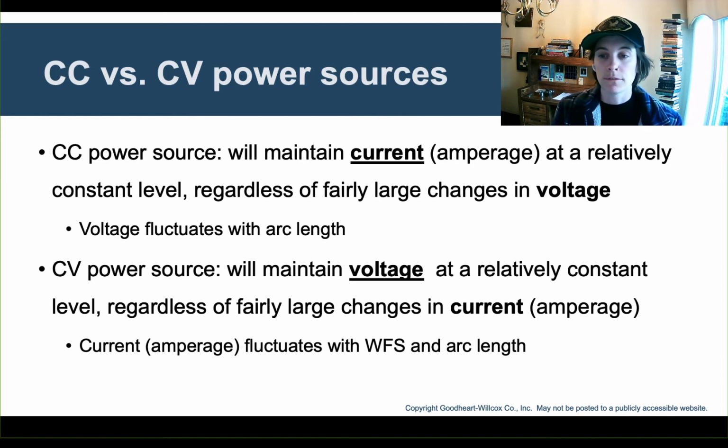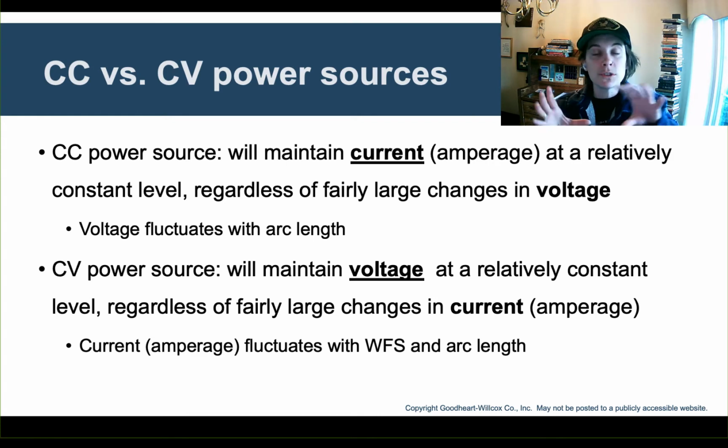With a constant voltage power source, it maintains the voltage at a constant level, regardless of changes in the current or amperage. So constant voltage means that you set the voltage on the machine and it maintains that voltage constantly, no matter what else you're doing with the machine.